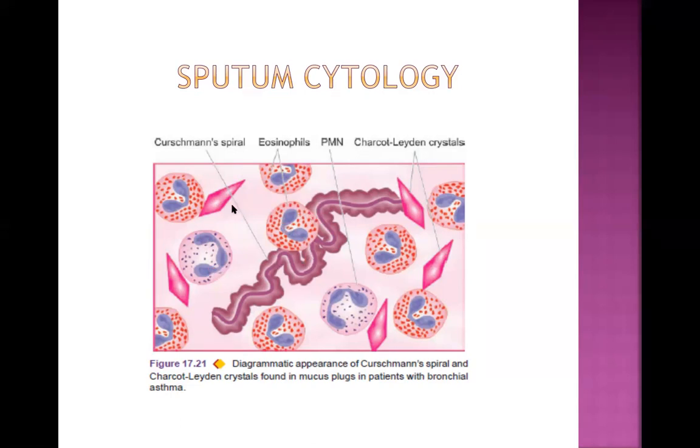These granulated structures are eosinophils. Now see this elongated, twisted structure here. This is called a Kurschmann spiral. There are a lot of eosinophils present in the sputum, and these are the Charcot-Leyden crystals. So this is how sputum in bronchial asthma looks.